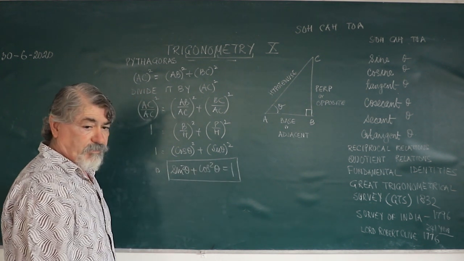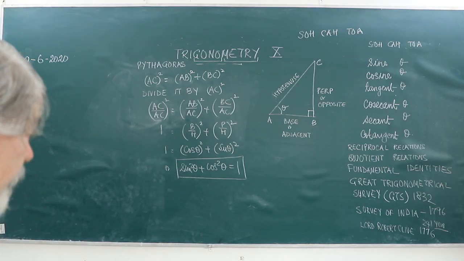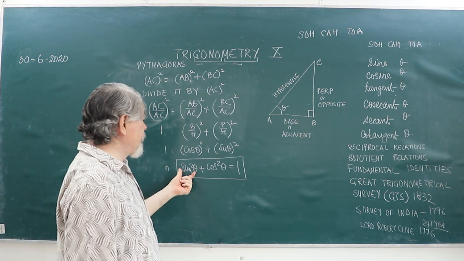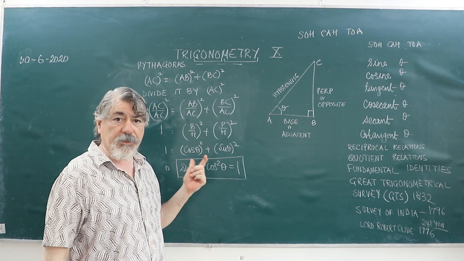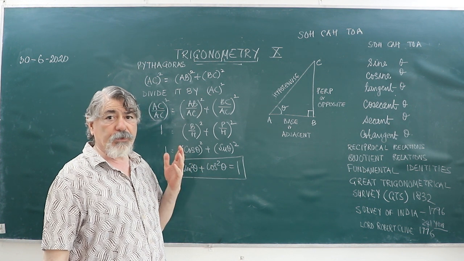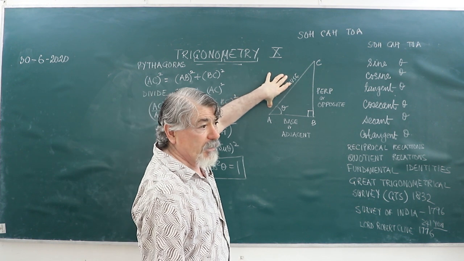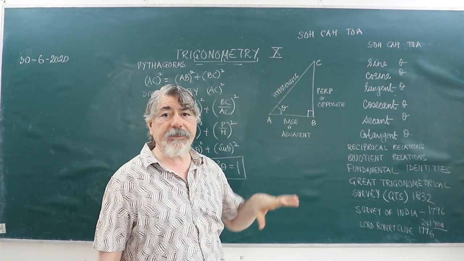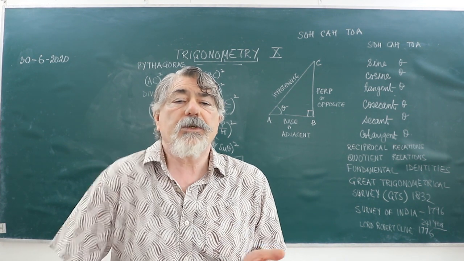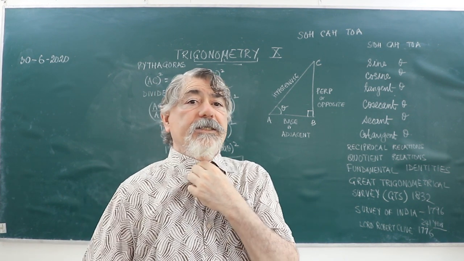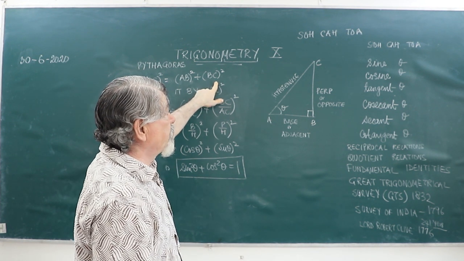This is one of the basic identities. So we did arrive at sin square theta plus cos square theta is equal to 1. What did we do? We wrote Pythagoras Theorem, that is, the square described on the hypotenuse in a right angle triangle is equal to the sum of the squares described on the remaining two sides, AB square plus BC square.